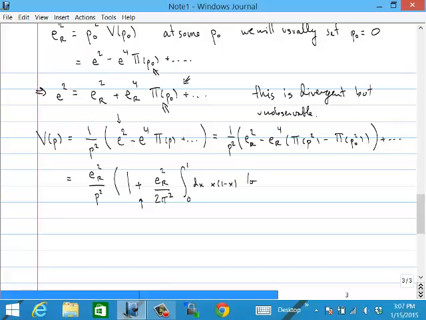And then you get the logarithm that appeared in the expression for pi. So I wrote that logarithm as the log of m squared minus p squared. So I'm going to rewrite that as the log of 1 minus p squared over m squared times x times 1 minus x.